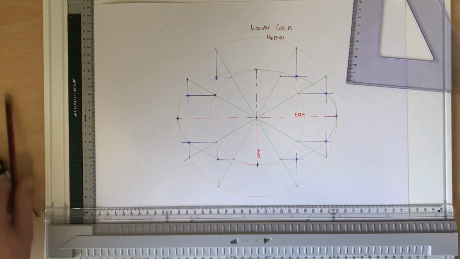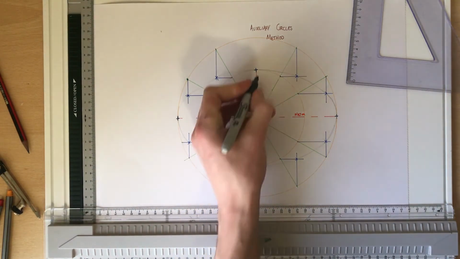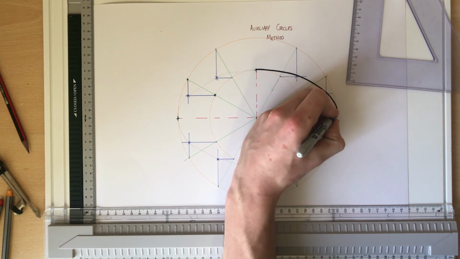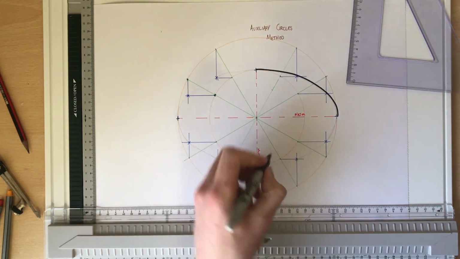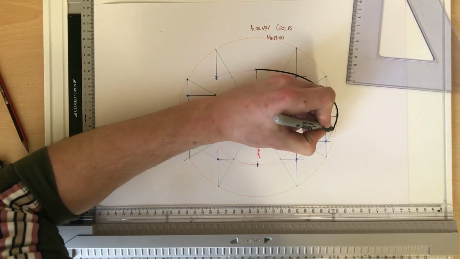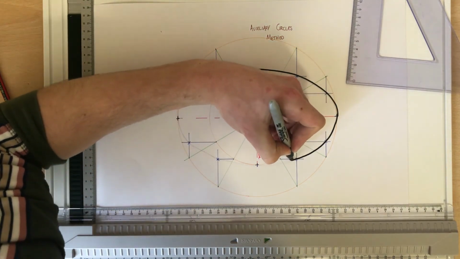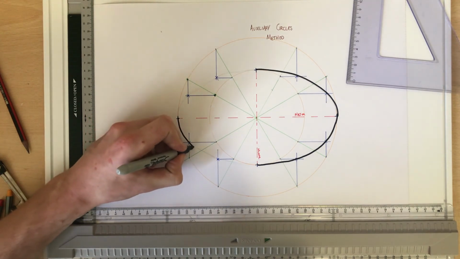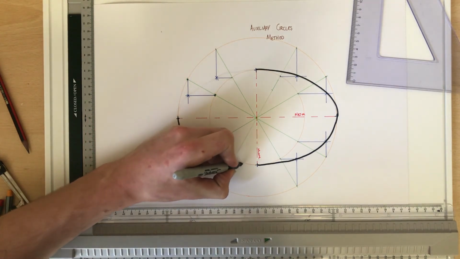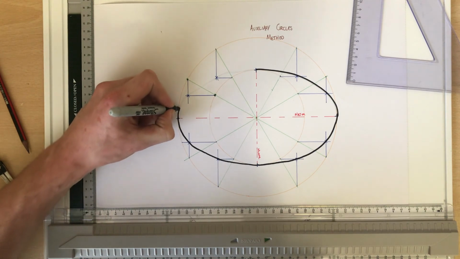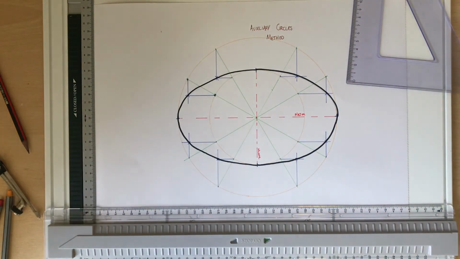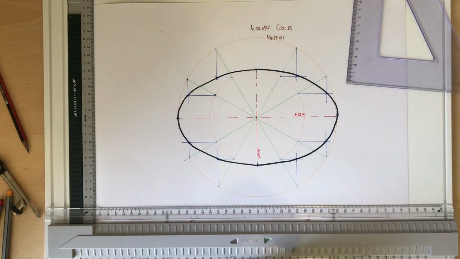I'll get a heavier marker to show the shape of the ellipse. So this is how we draw an ellipse using the auxiliary circles method.